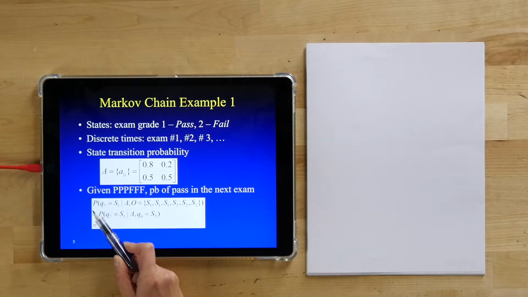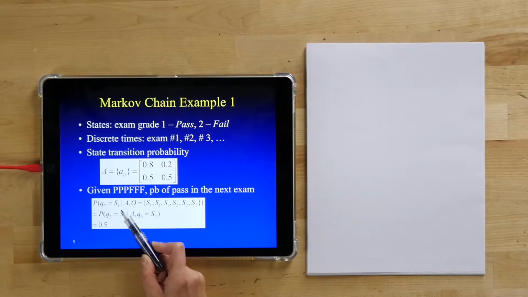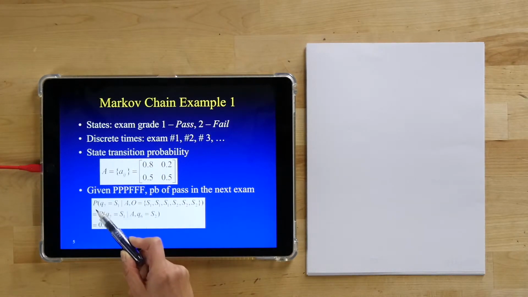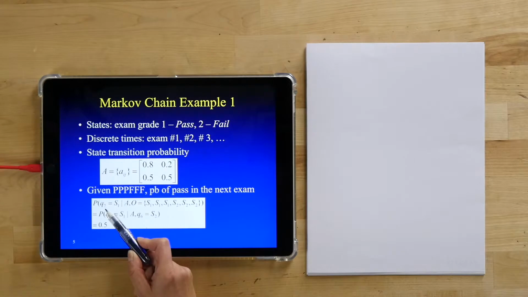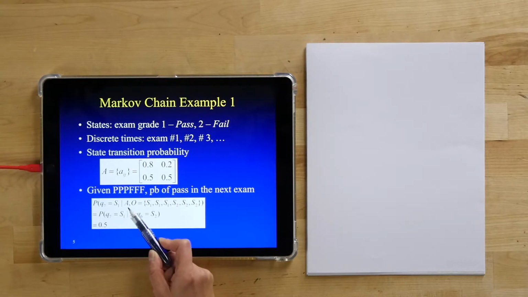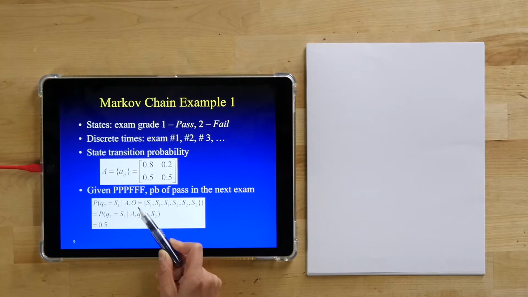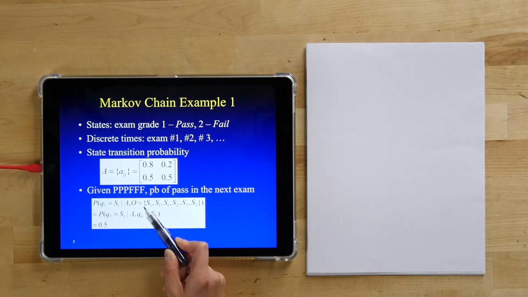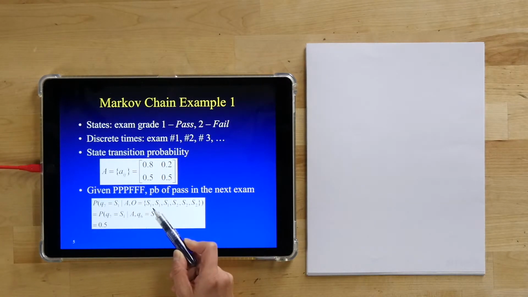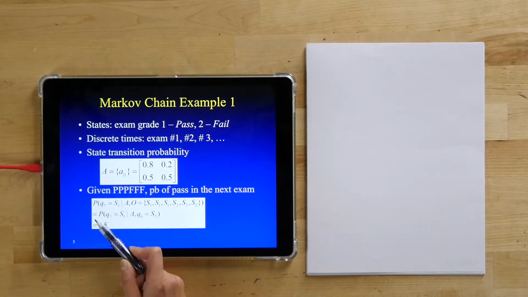And you can see this is given by this probability distribution, which is asking what is the probability on the 7th exam the student will pass, in this case state 1, given A is this transition probability, and knowing that we have observed 6 exams before where the student has passed and failed.